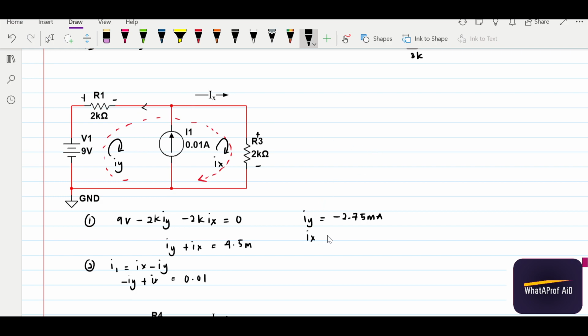And ix equals 7.25 milliampere. So this is actually the same direction as the direction we chose, so the current flows in this direction. And that's how we will solve when the circuit has a current source in between two loops. So we call it a supermesh. Also, we also call it a superposition technique, and this is one of it, supermesh.